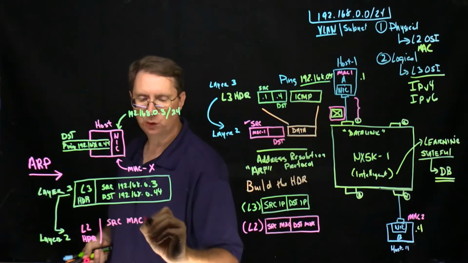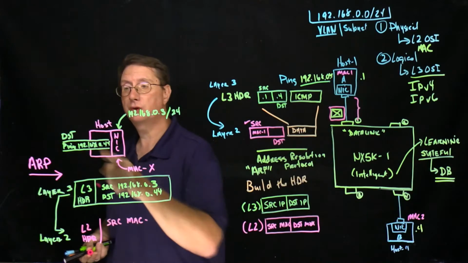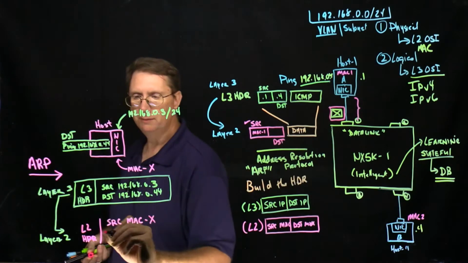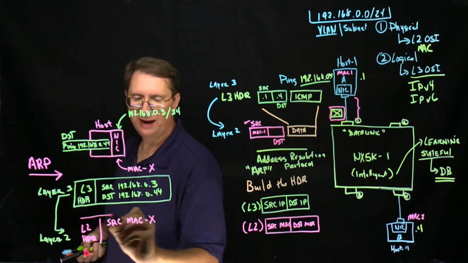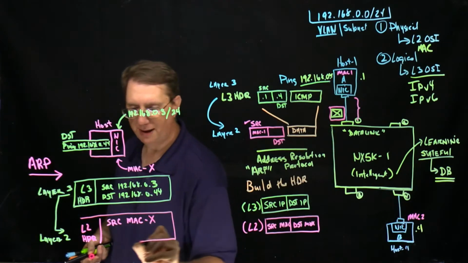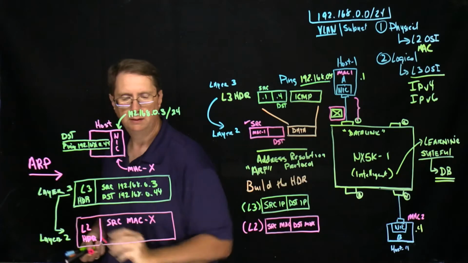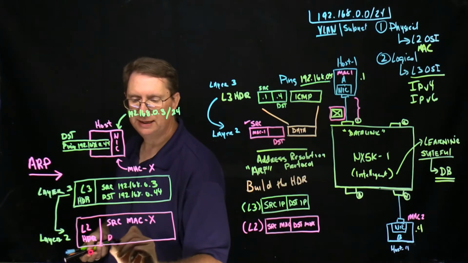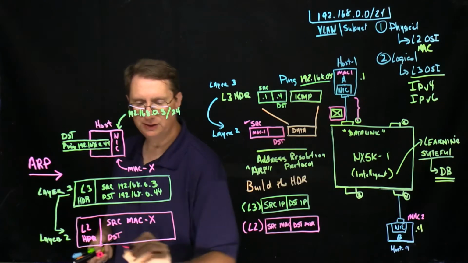Well, I have that. My source MAC address is source MAC address X. However, we've already covered the fact that I do not know the destination MAC address. So in this scenario, the destination MAC address is unknown.